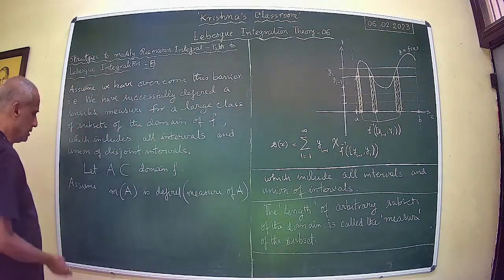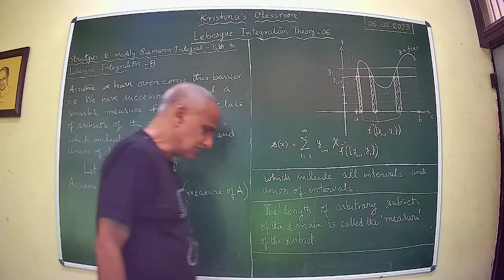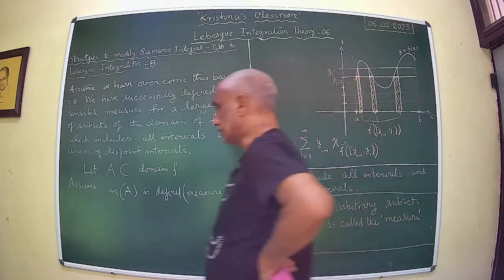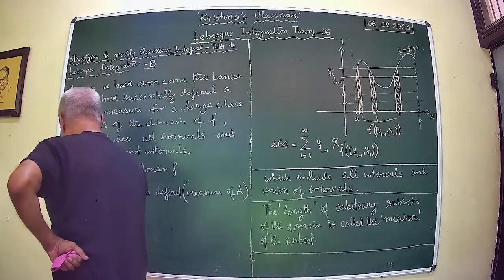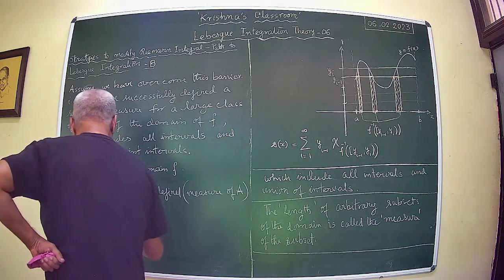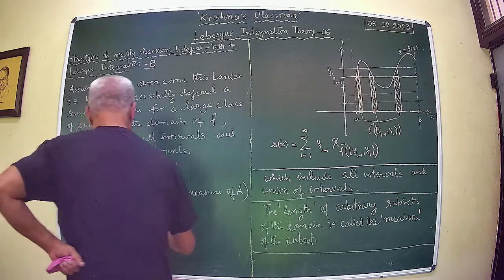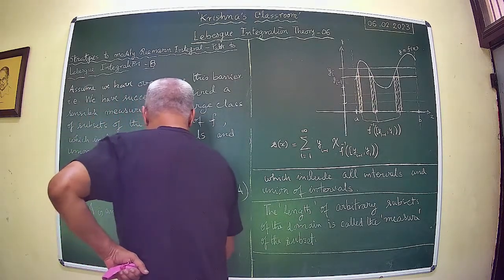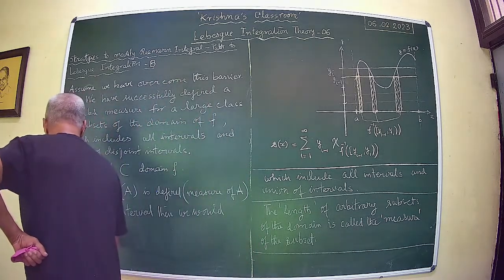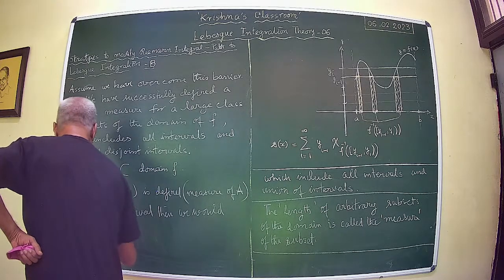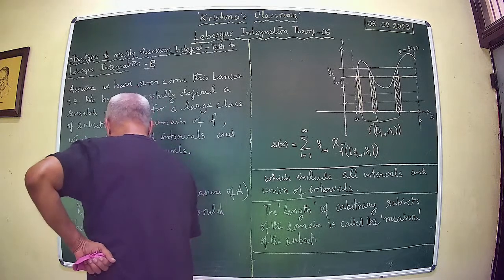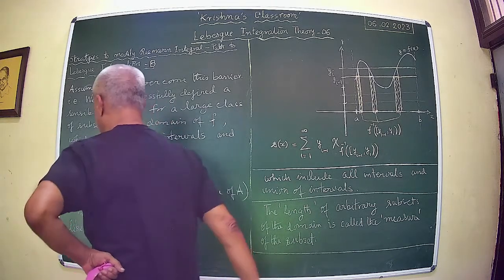Then, what are the things you need? The check is this: if A is an interval, then we would like the measure of A to be equal to the length of A.